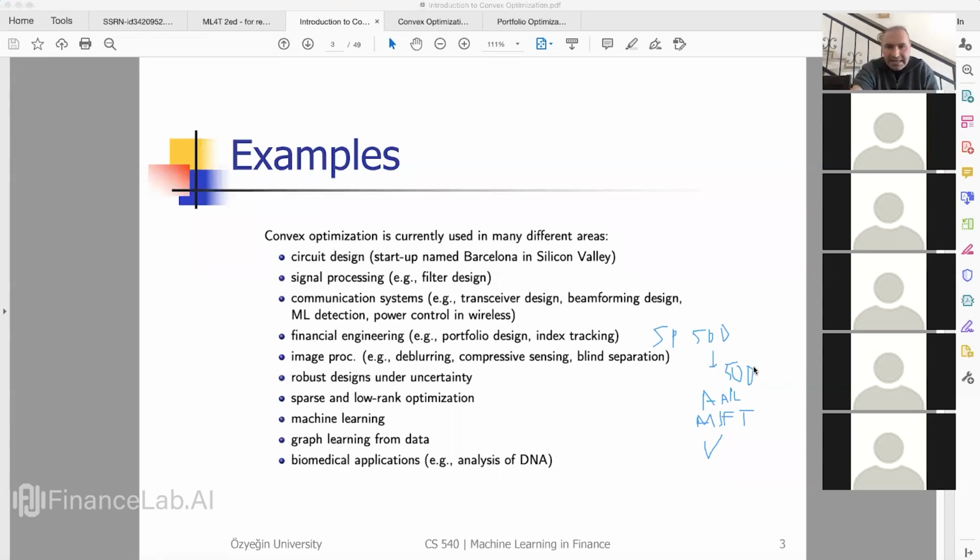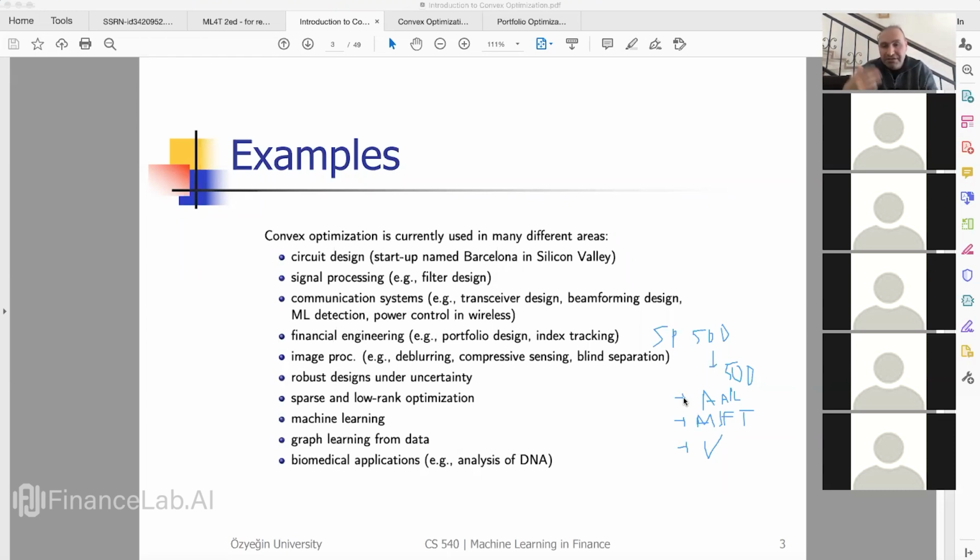We try to track the index, to have the same performance as the index. One solution is to buy all 500 securities and then allocate their weights according to the index. However, there are other solutions.